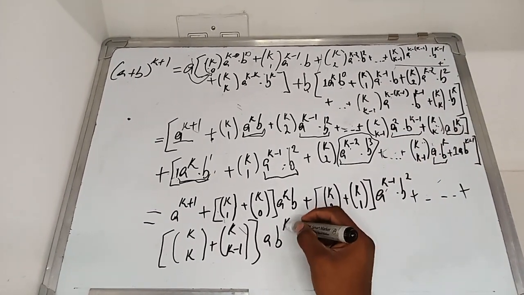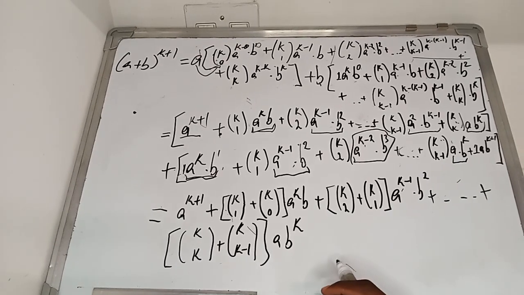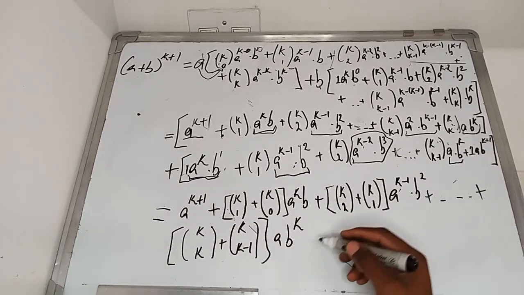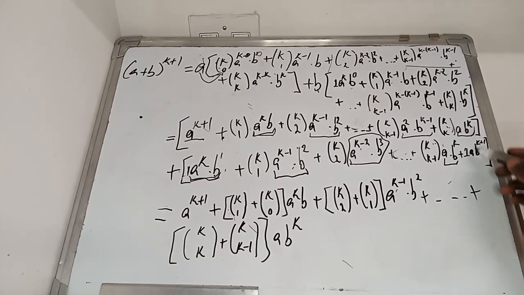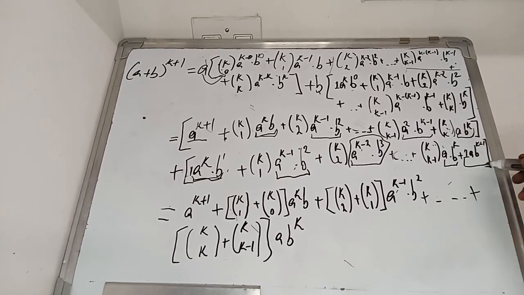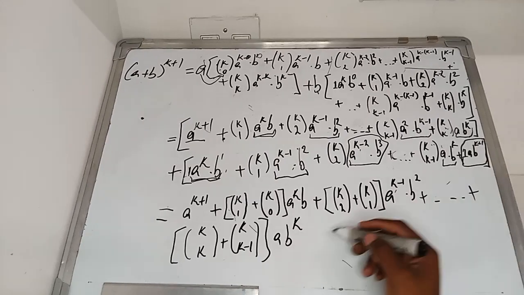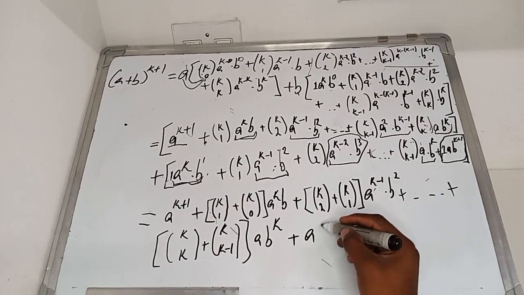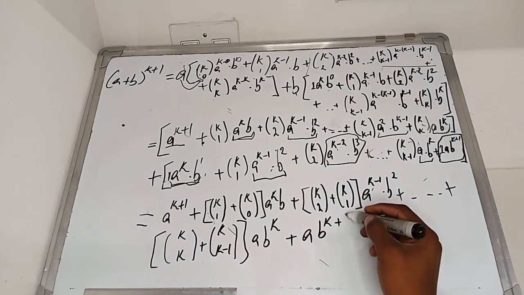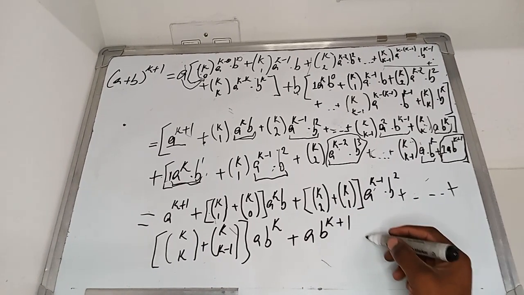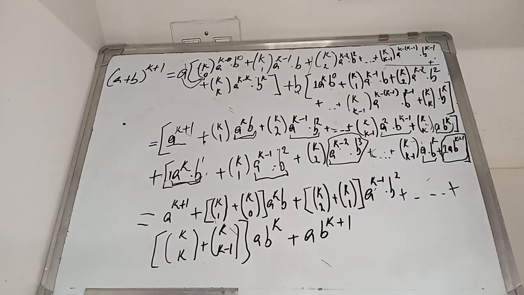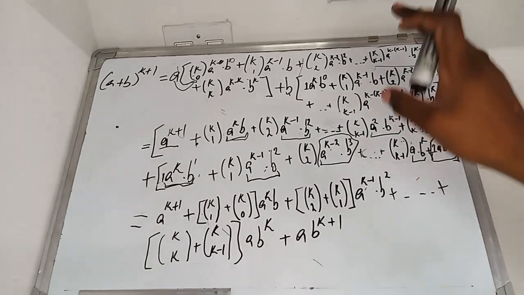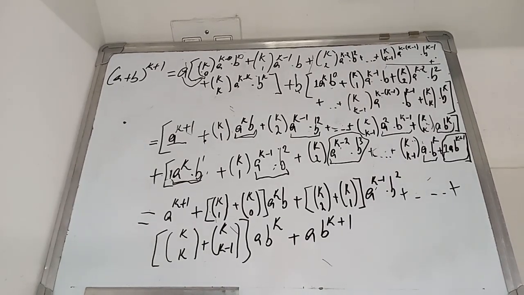I know it's boring, really boring. But then now plus this guy right here, plus a b to the k plus 1. Then the rest is mathematics. Let me create some room and apply the math.